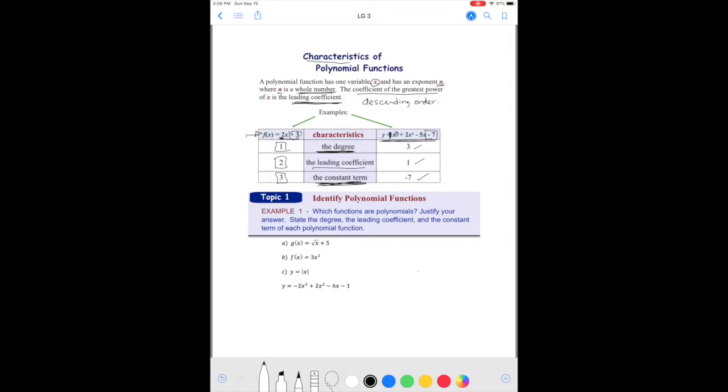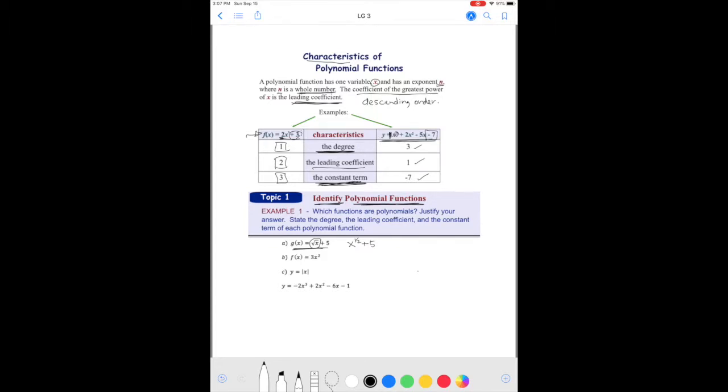Now, let's classify or identify some polynomial functions here. The first one we have is g of x equals the square root of x plus 5. If we rewrite this as an exponent, we'll realize that it's x to the power of a half plus 5.